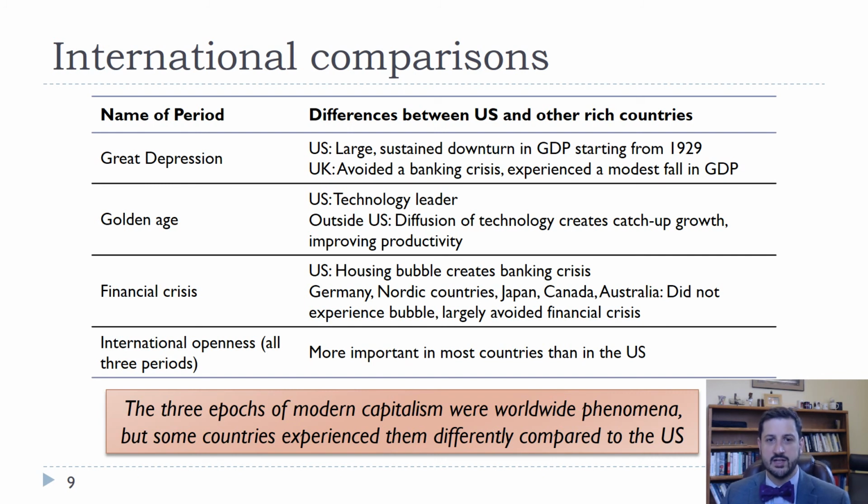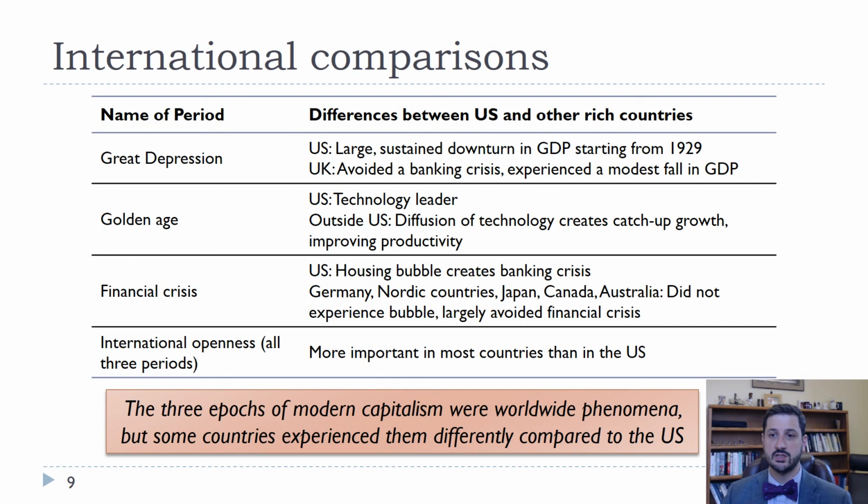In the financial crisis, the US experienced a significant housing bubble, which was fueled by debt, people borrowing to buy houses, and then that debt turning bad when the housing bubble popped. Other countries did not experience a housing bubble. Some did. So Spain experienced a housing bubble, Portugal to some extent, France to some extent, but not as much.